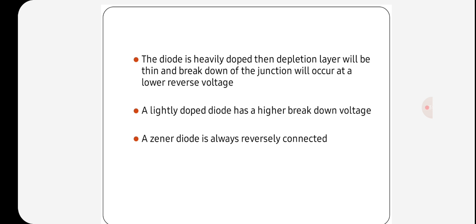So Zener diode finds wide applications commercially and industrially. Some of the important applications of Zener diodes are: it is used in voltage regulator circuits to provide regulated DC voltage. It is used for meter protection against damage from accidental application.